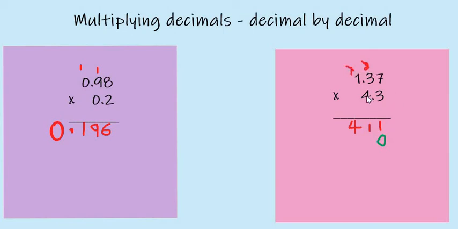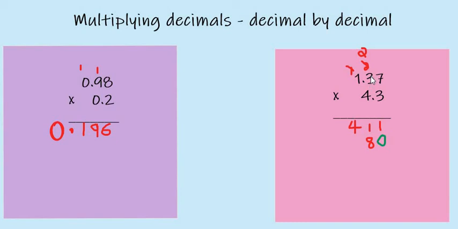All right, so 4 times 7, 28, very good. We write down our 8 and we carry over our 2 to the next place that we're going to multiply, right? Then we say 4 times 3.